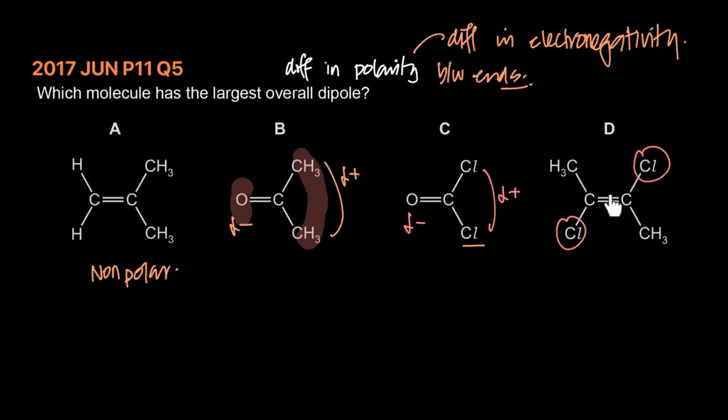And here the diagonals kind of cancel out. Even though they're not exactly opposite, they kind of cancel out. Here, they're almost equal, so the dipole is less. Here, they're not equal at all in electronegativity, so this creates a large dipole. It's all about the difference in electronegativities. And here is the largest difference among these four options.